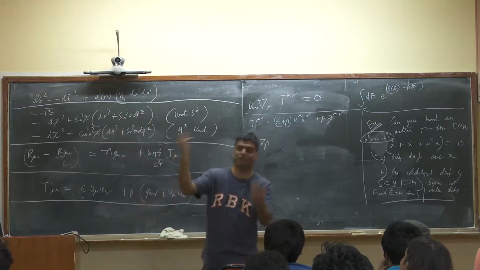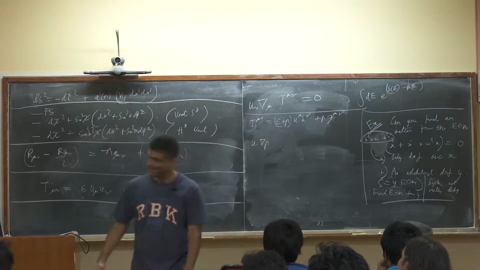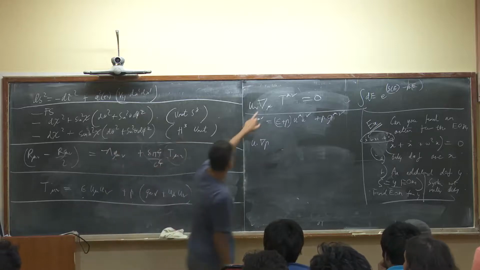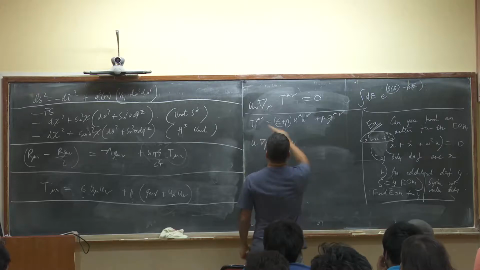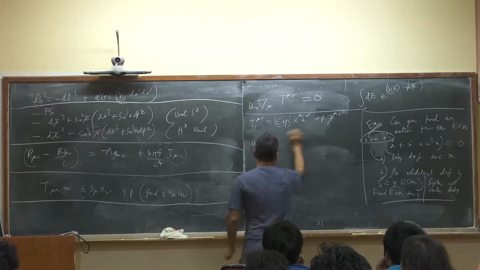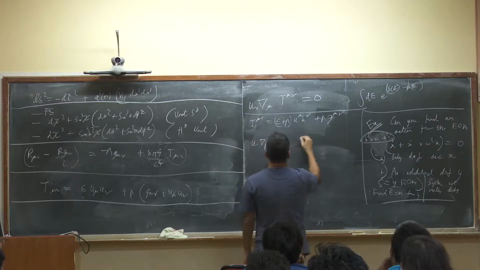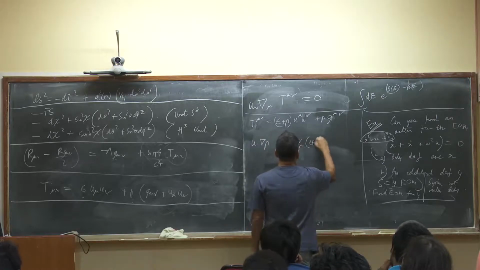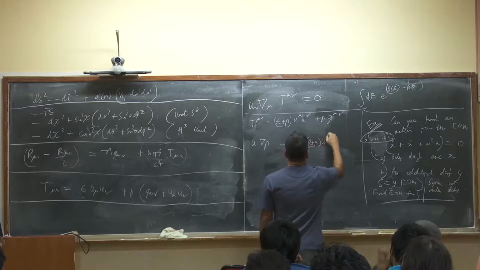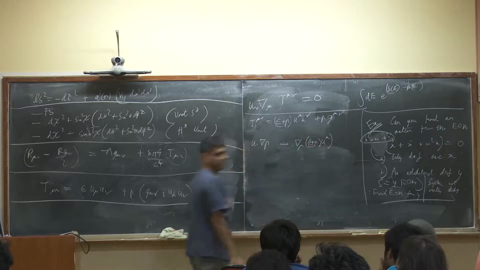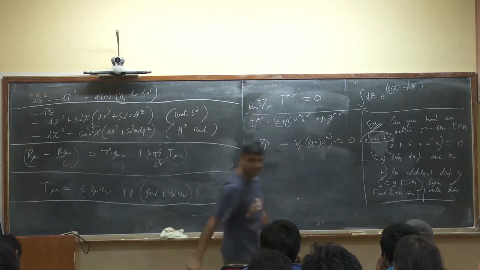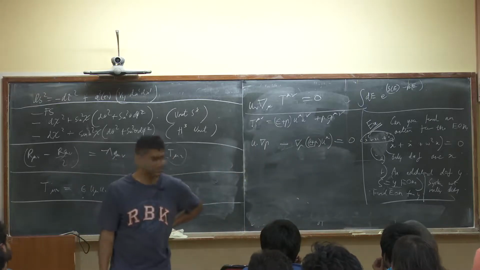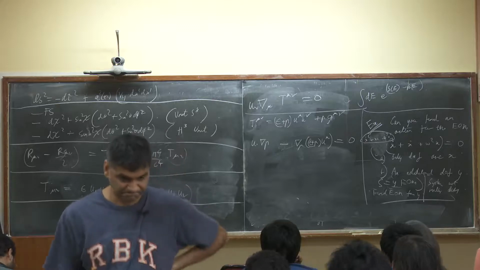But it's half of the derivative of minus 1, but that's 0. Okay? So this thing cannot hit the u nu. So what we will get is u nu times u nu, which is minus 1. So minus del mu of epsilon plus p times u mu is equal to 0. This is our equation of motion.